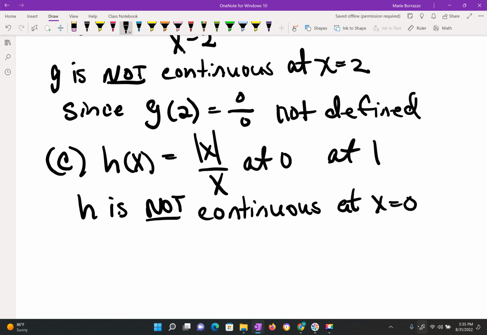Right, because 0 over 0 makes it indeterminate, right? So we know that 0 over 0 is not defined.